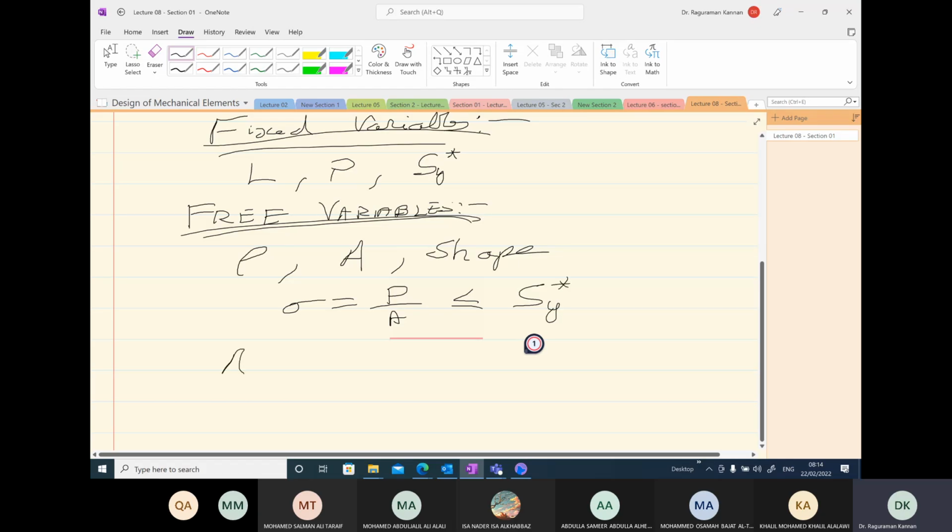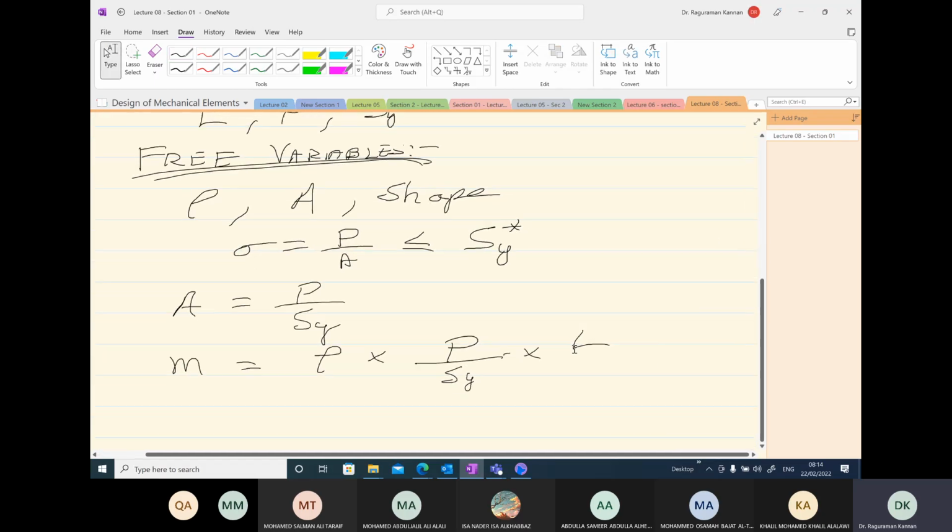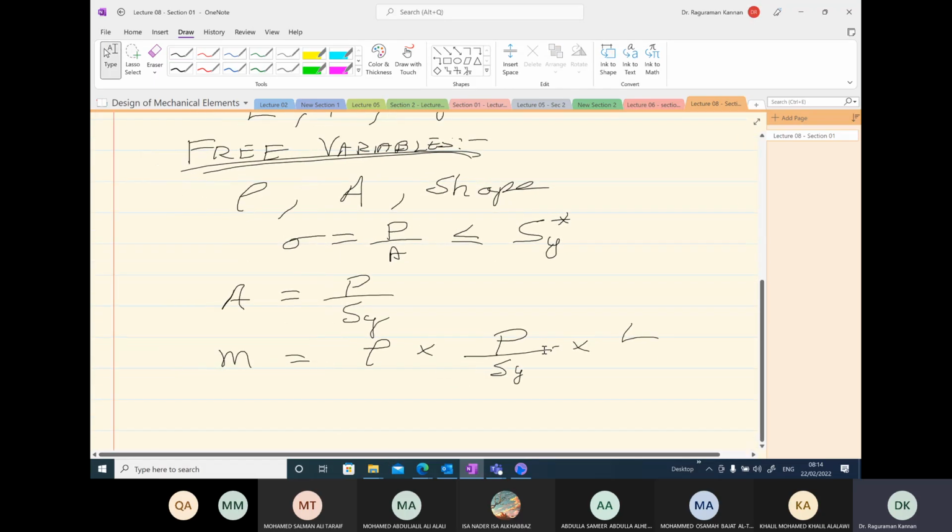So from here we can write A equal to P over Sy. So we have an expression for A. Now we take the mass, rho times A, and A can be substituted with P over Sy, times length, and directly we get the strength parameter. What is the material index here?